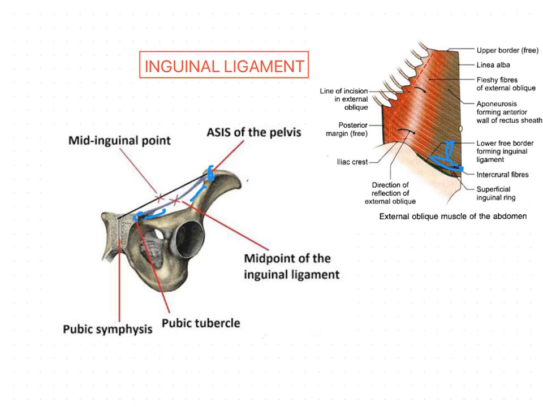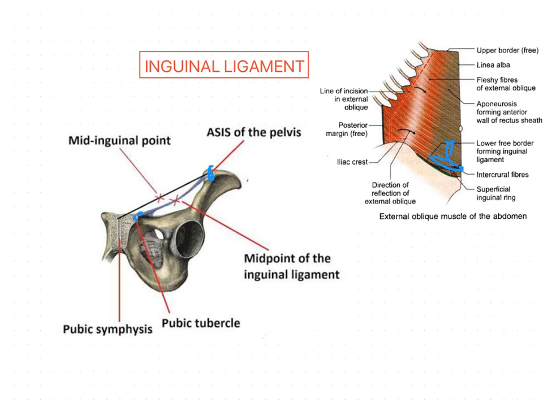Now coming to the attachments of this inguinal ligament. The fascia lata is attached to the lower border. The fascia lata is the deep fascia of the thigh, which is attached to the lower border of the inguinal ligament.